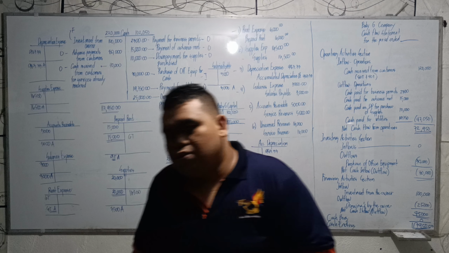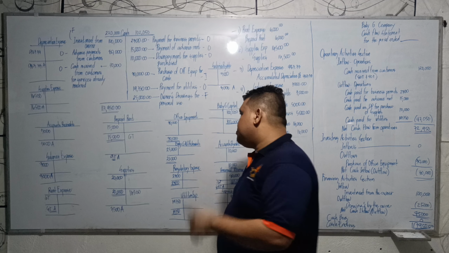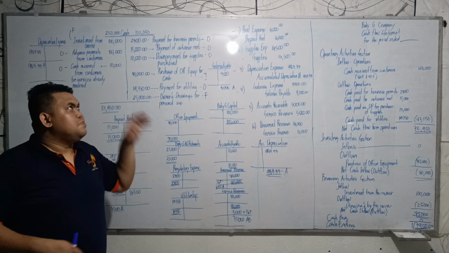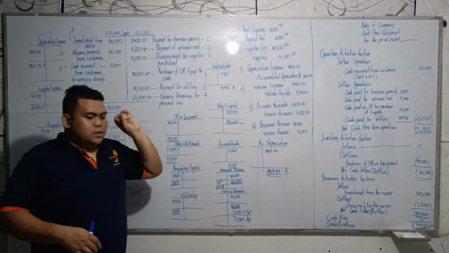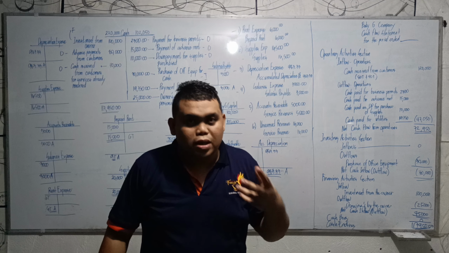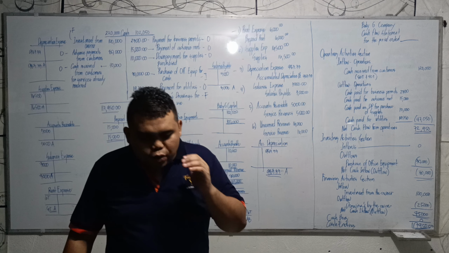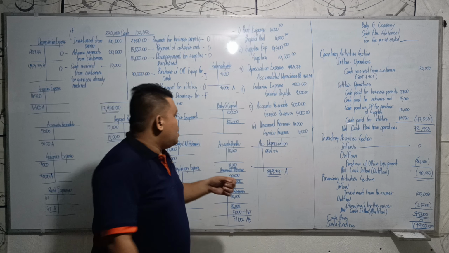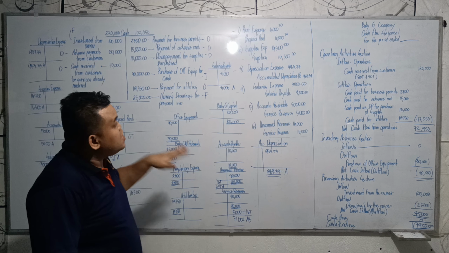The objective of the closing entries is to close the expenses and the revenues, the temporary accounts or the nominal accounts. So those are, again, the income and expense accounts, which are considered nominal accounts or temporary accounts. So we are going to close those temporary accounts. It is because these accounts should be zeroed out.